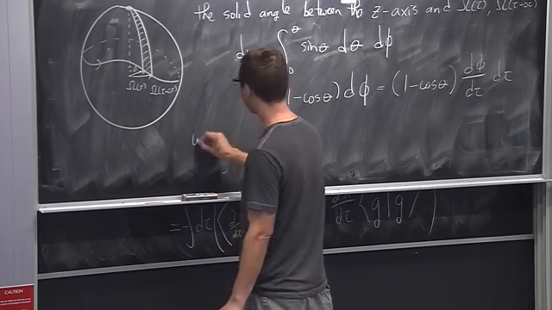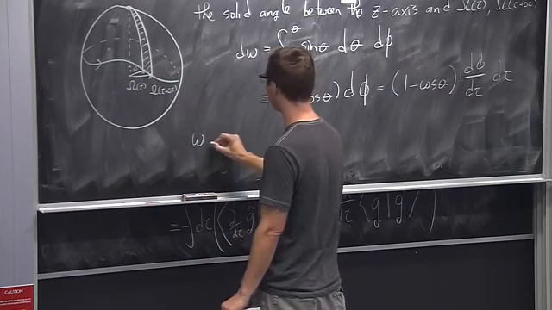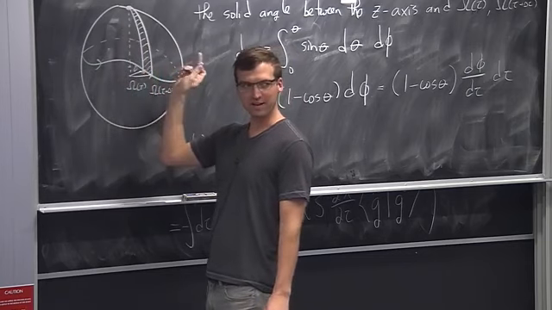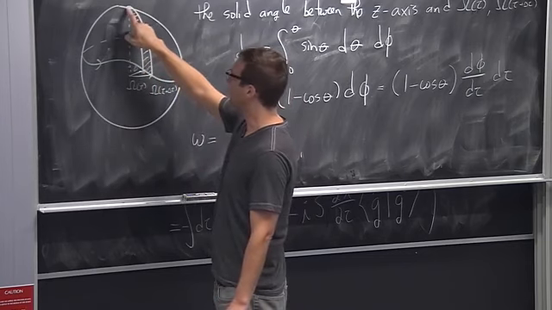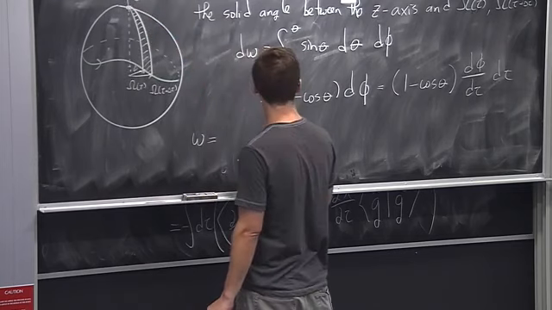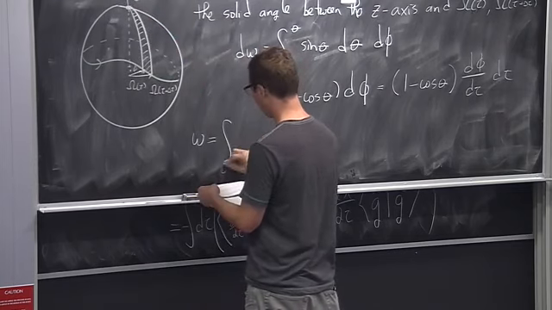So this is just the infinitesimal solid angle. So the full solid angle subtended by that path, defined via the point where the z-axis exits the sphere, is just the integral over tau, if you will.